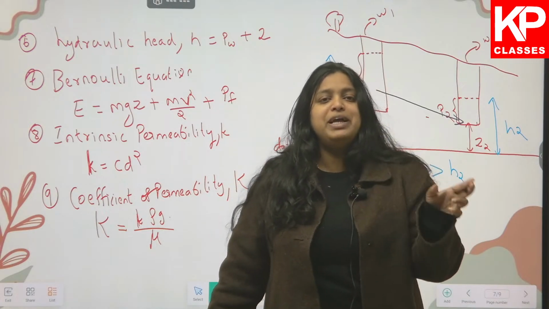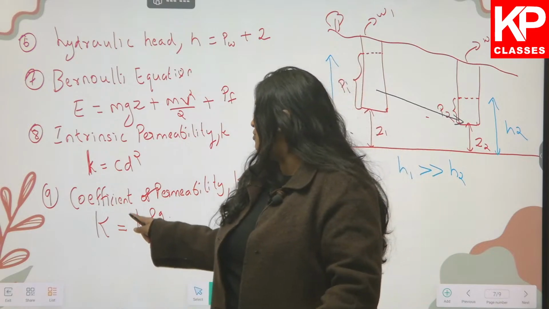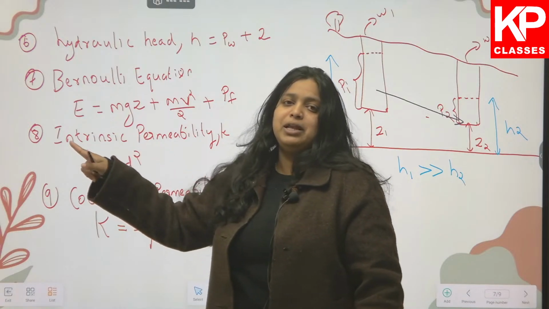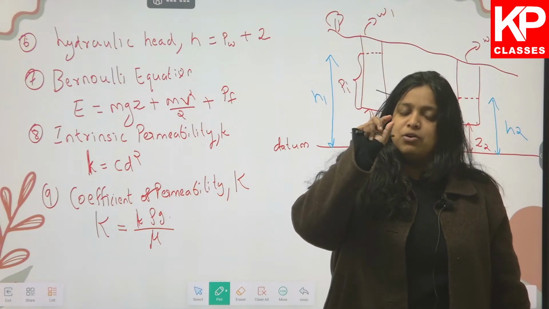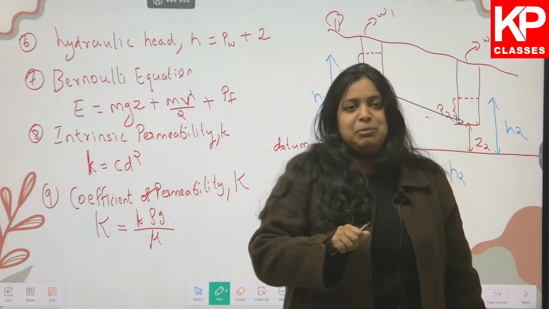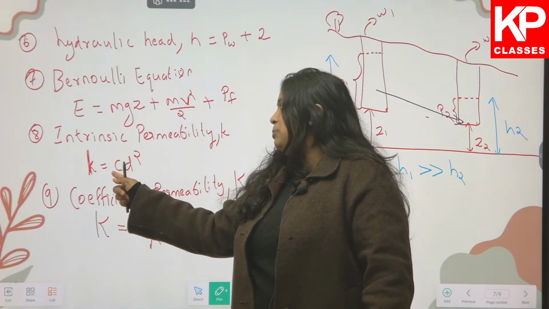Both medium and fluid property matter to define the hydraulic conductivity K. Whereas intrinsic permeability only defines the property of the medium. Whatever the pore space diameter is, that is what defines intrinsic permeability.